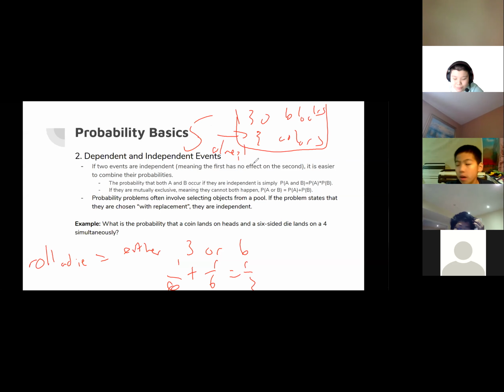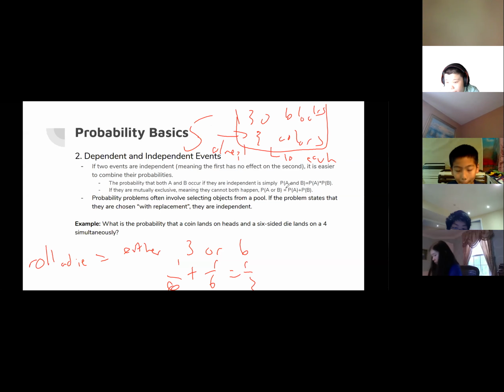What does with replacement mean? Well, it simply means I put it back into the pool afterwards. So if I have, for example, 10 of each color, then after I take one out, the probability of getting one color is still the same because you put it back in.